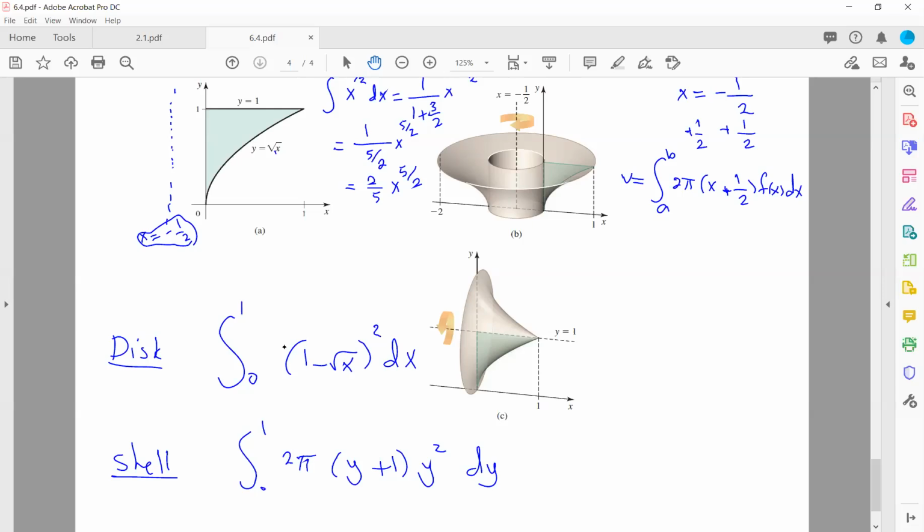One over 6 for which one? Is this disk? Is this shell? For disk, you and Jade both got 1 over 6. So you mean there is no difference between these two?